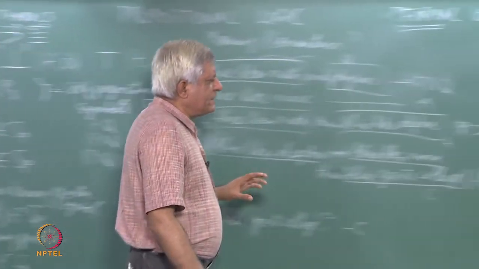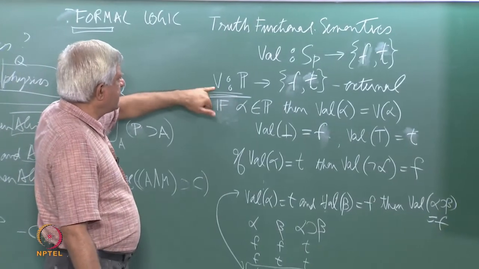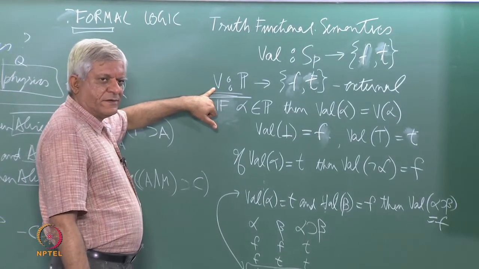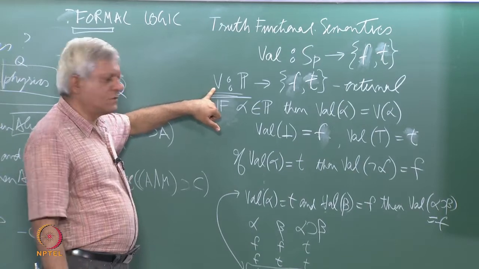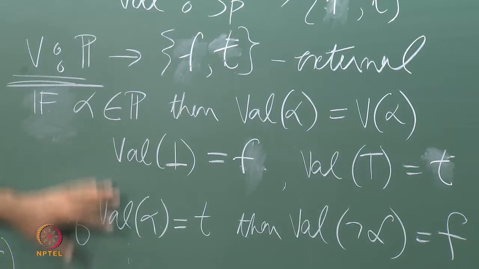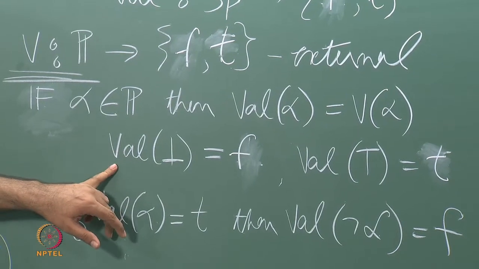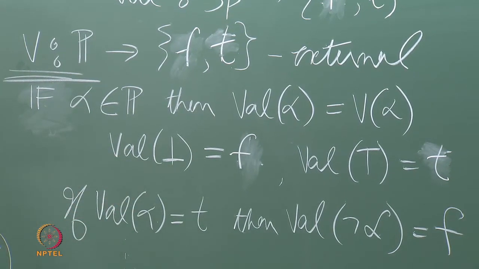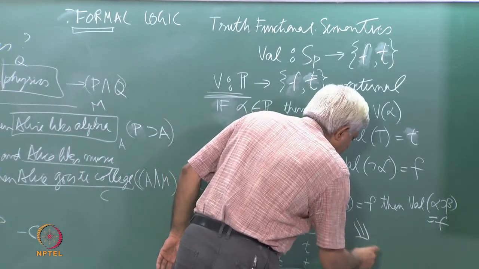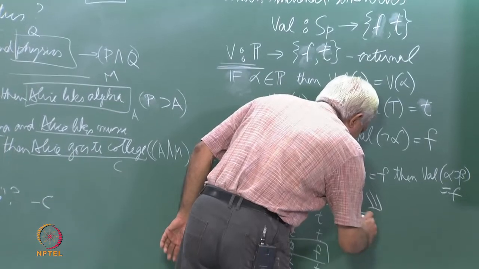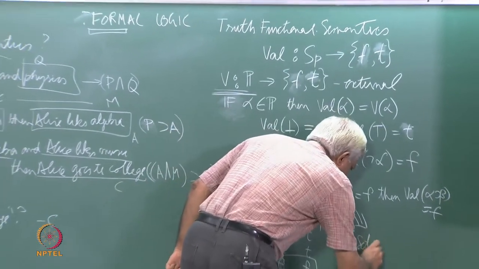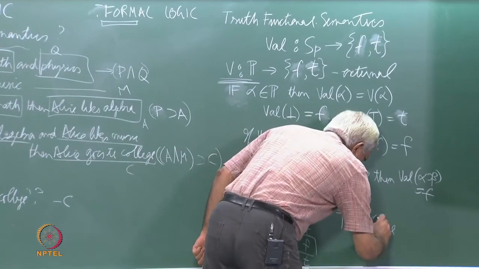Okay. So, to come to that, let us say that somebody has given us this function v, which basically says which atomic propositions are true and which are false. From that we can compute this function val, which says the same thing for compound sentences, and from that we can define this set T, a set of true sentences.